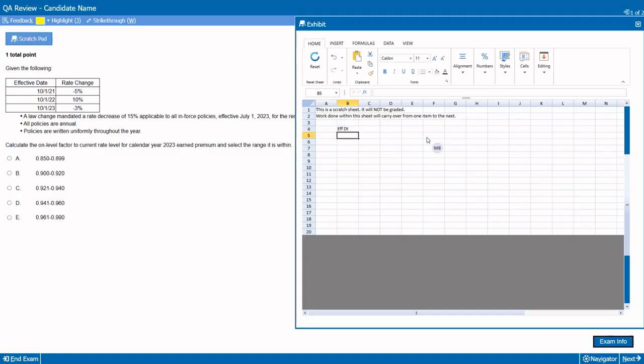So the different rate changes were October 1st, 2021, minus 5%. October 1st, 2022, plus 10%. And October 1st, 2023, minus 3%.